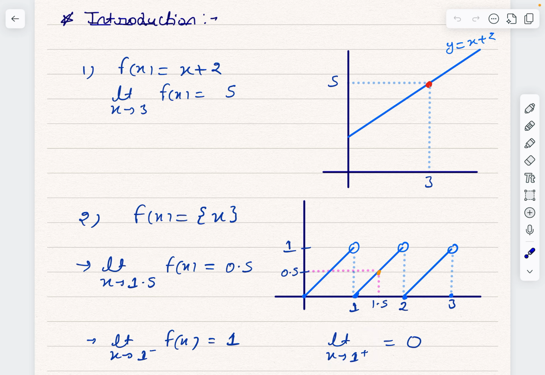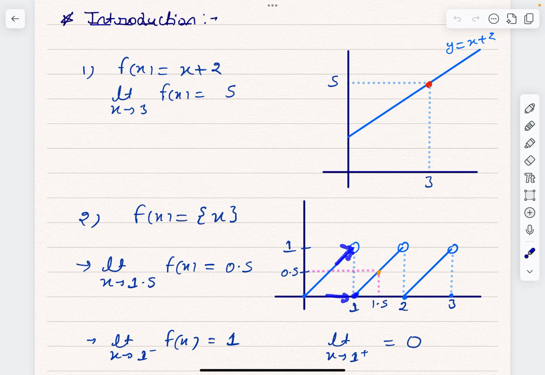Now if you see this graph, if x is slightly less than 1, say 0.99999, and you put the value here, you get the value to be like 0.99999. So can I say it is almost 1? That means if you approach 1 from the left side, the value is approaching 1.